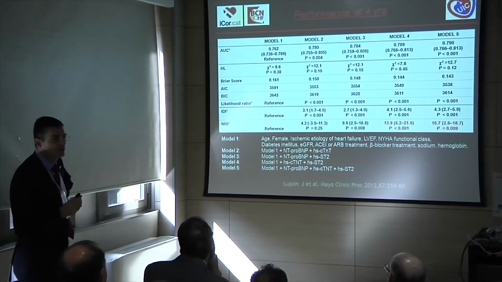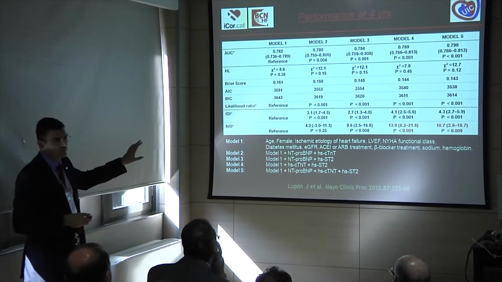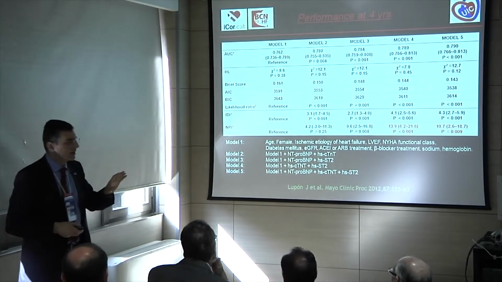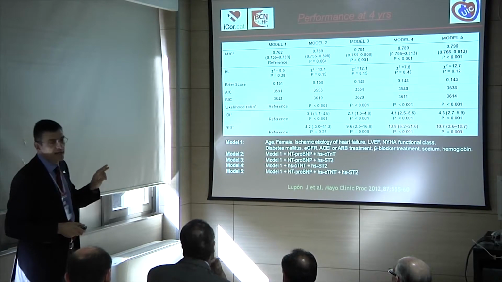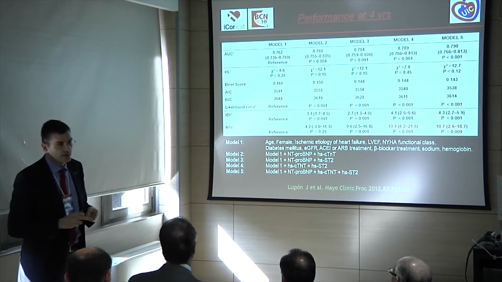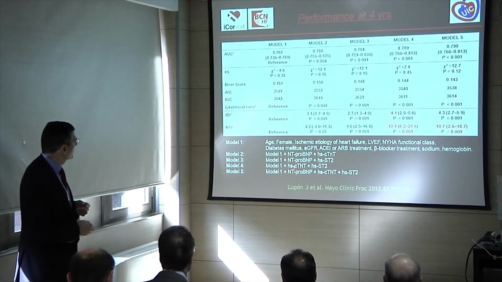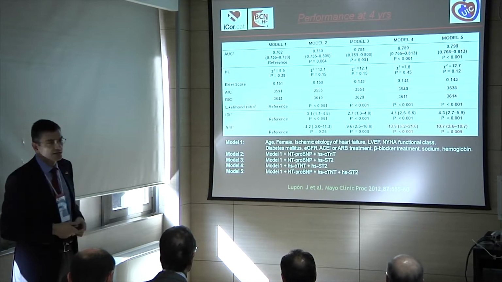So if I had to choose right now from this data, and my clinical director tells me, you will never use three biomarkers, Tony. Give me two. Right now, I would choose high sensitivity troponin and ST2.